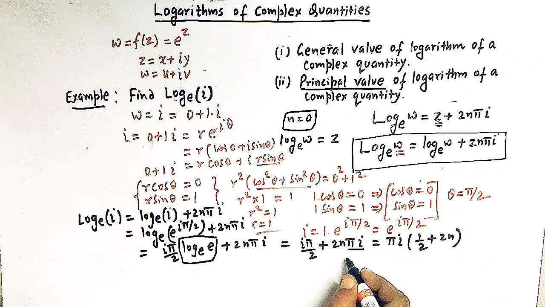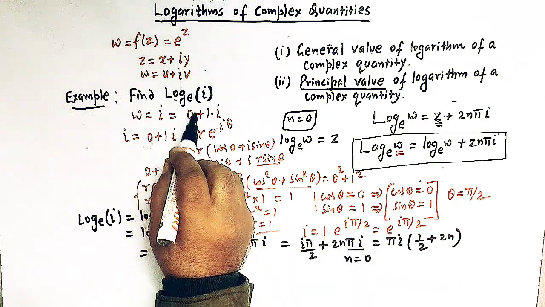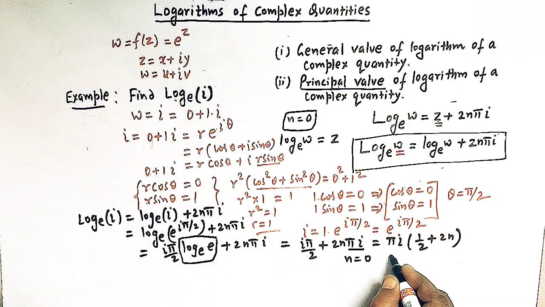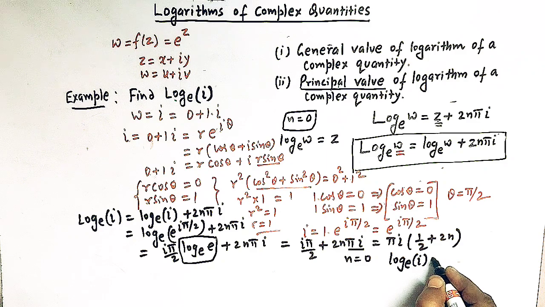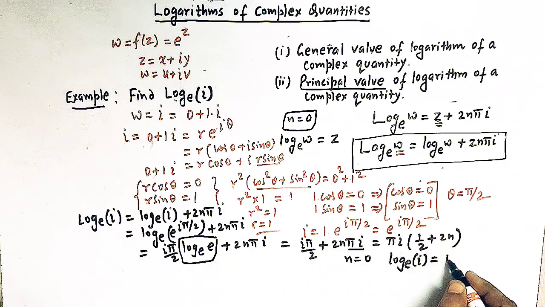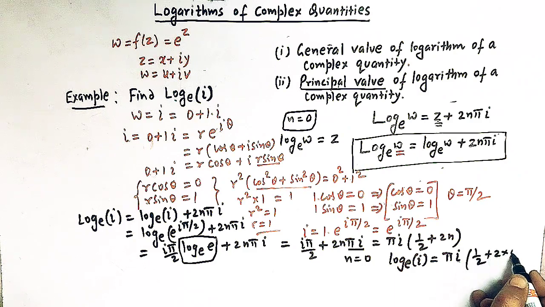And if we take n equal to 0, then we have the principal value of the logarithm of i. So we can now write log of i is equal to, here we have n equal to 0, πi times half plus 2 times 0.